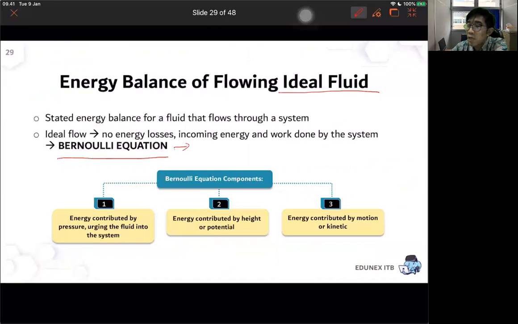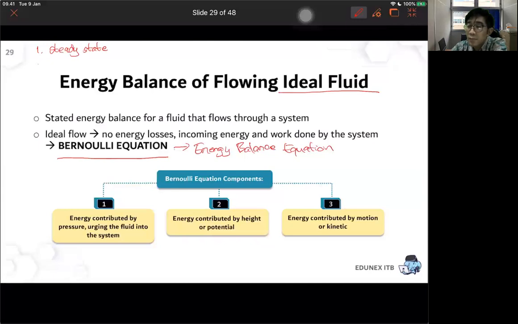So basically, the Bernoulli equation is the energy balance equation, but for ideal fluid. What is the assumption of the ideal fluid? First, it's steady state. Steady state means there is no accumulation of energy. The total energy will be the same.